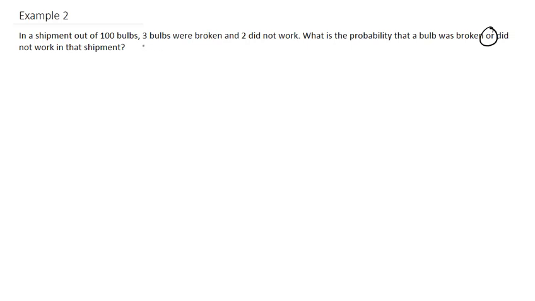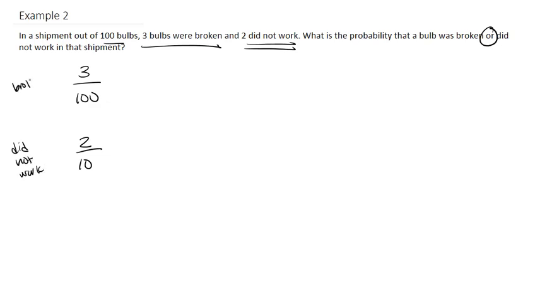So the first one is 3 bulbs were broken. So we would put 3 out of 100 because there's a total shipment of 100. And then 2 did not work. So did not work, we can label it. And then we can put broken. The next step is then, since we found them, we need to add them together.